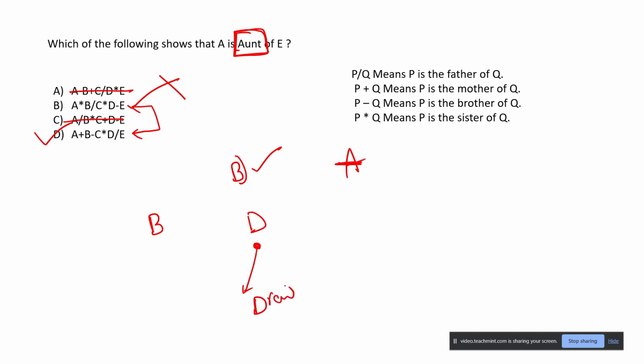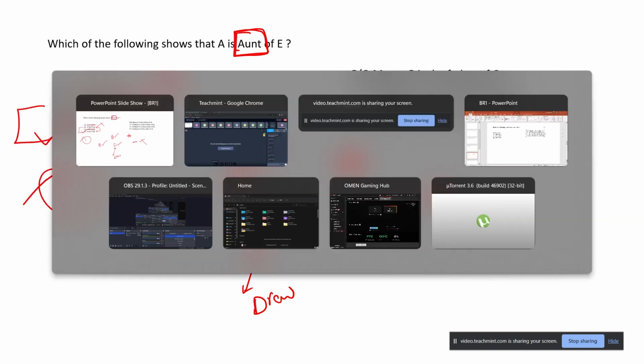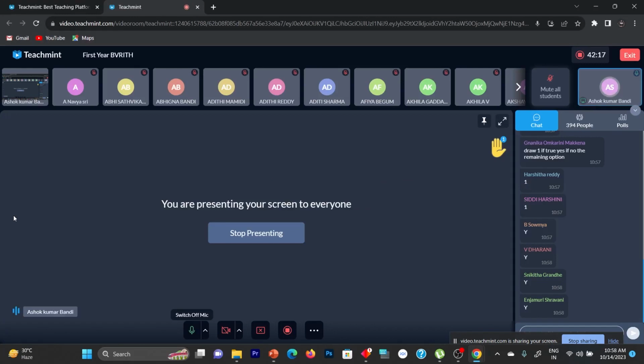If I get the answer, I can say that option is my answer. If I don't get my answer here, I can say the other is my answer, because one of those two should be my answer. If one is not, the other should be. So whenever you are left with two options, you just need to draw only one diagram. Clear?